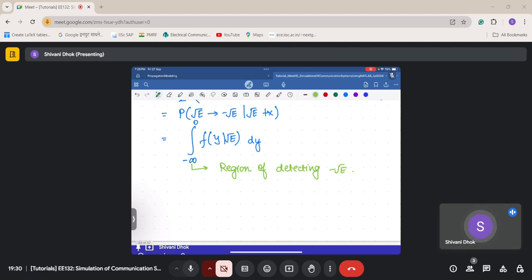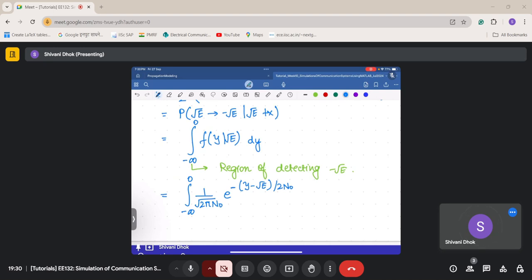So this comes out to be the integral from minus infinity to 0 of 1 upon root 2 pi n naught into e power minus (y minus root e) square divided by 2 n naught.